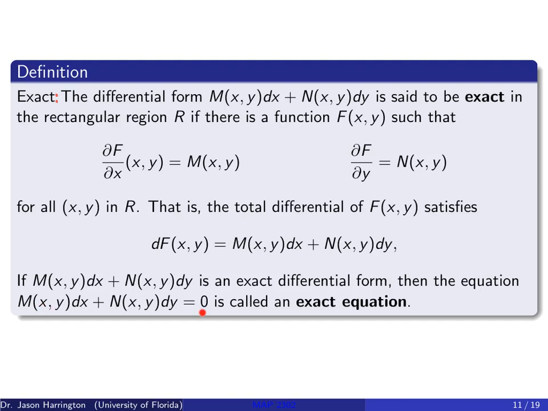And if it's equal to 0, then we call that an exact equation. So just by itself, we just say exact, but if it's equal to 0, it's an exact equation.